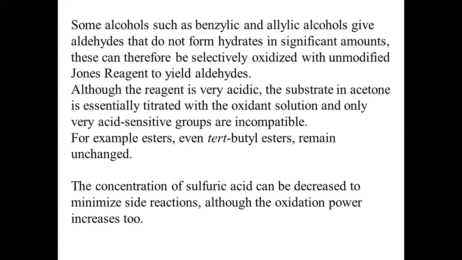Now some alcohols such as benzylic and allylic alcohols give aldehydes because they do not form hydrates. If they form hydrates, they will give carboxylic acids. Jones reagent gives aldehydes from allylic and benzylic alcohols selectively.